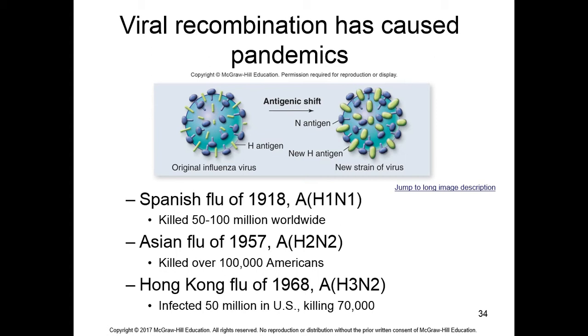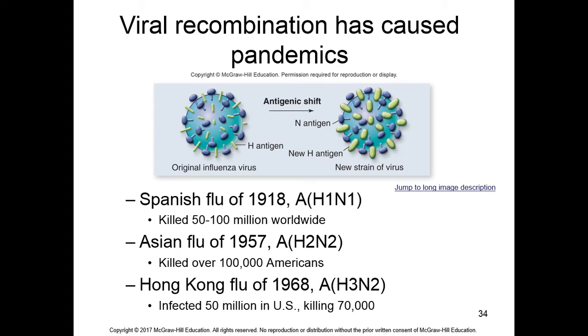Then the second very famous one happened in 1957, the Asian flu. It had the serotype A influenza virus, and the subtypes were H2 and N2, and it killed about 100,000 Americans.